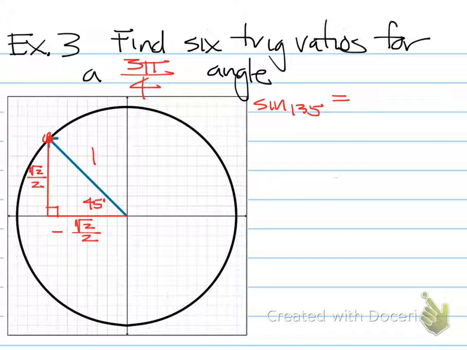sine of a 135 degree angle, which would be sine of 3 pi over 4. Let's go ahead and correct that real quick. Sine of 3 pi over 4 is square root of 2 over 2.